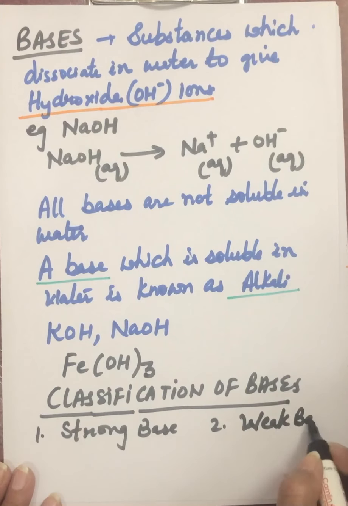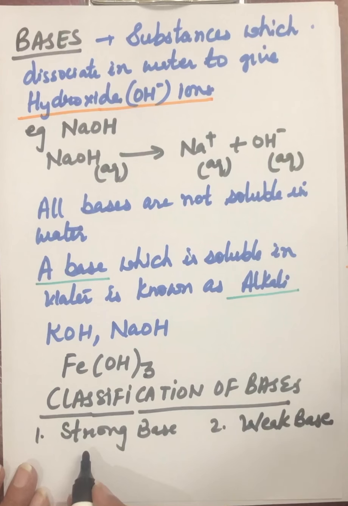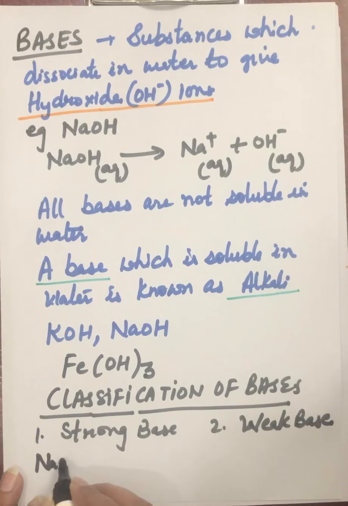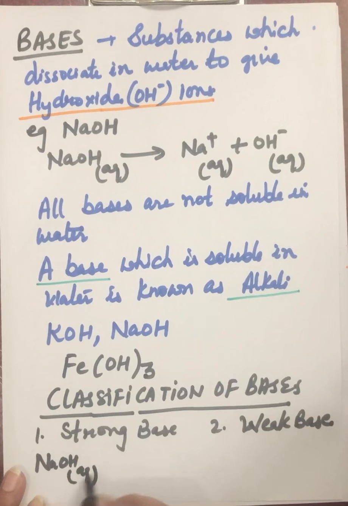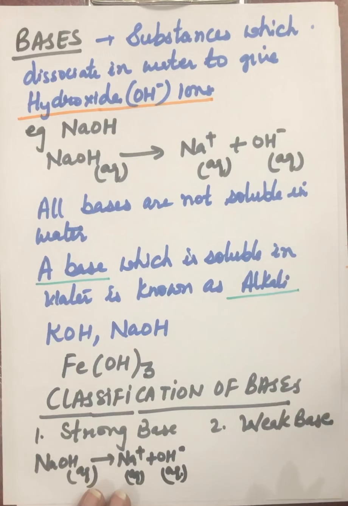Like acids, the definition is the same only. Strong bases which are dissociating completely to give out the hydroxyl ions in aqueous medium are called strong bases, like NaOH. In water, it dissociates completely to give which ions? Hydroxyl ions, it is a strong base.